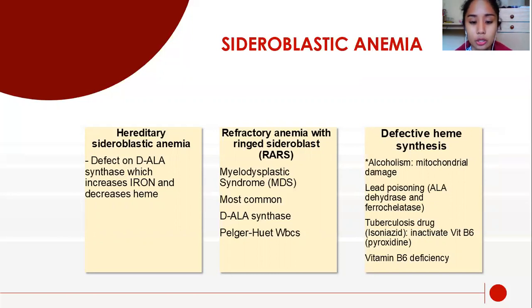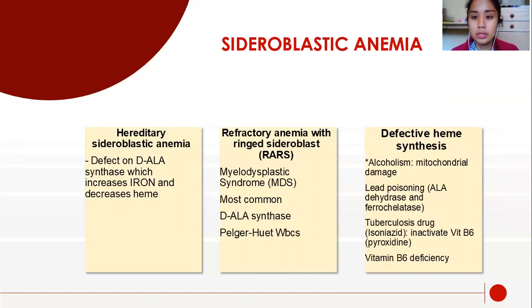Since it's an MDS, we have Pelger-Huet WBCs, or hyposegmented WBCs. There's something wrong with erythropoiesis and with granulopoiesis.